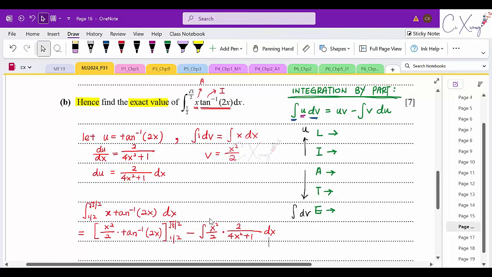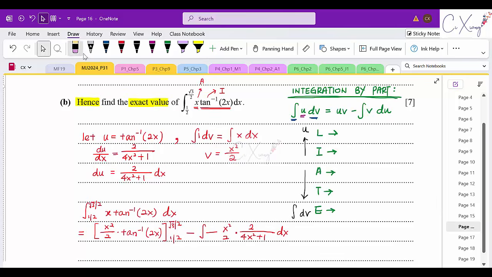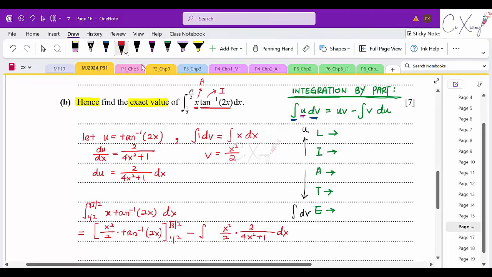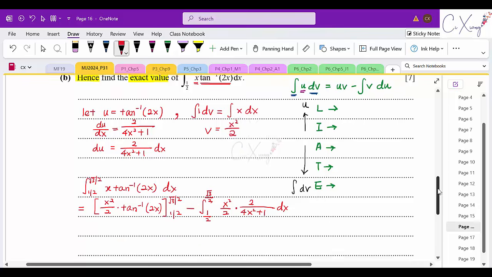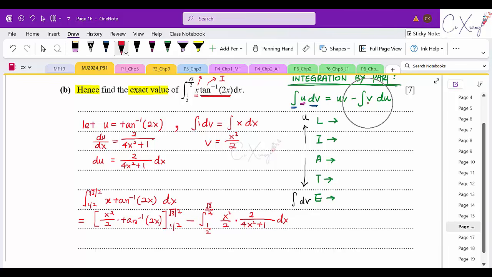This is how your equation looks for now. Don't forget to include the limit here: the limit is 3 over 2, then 1 over 2. So I have substituted all the terms, uv and integral of v du, from what I have in the question.